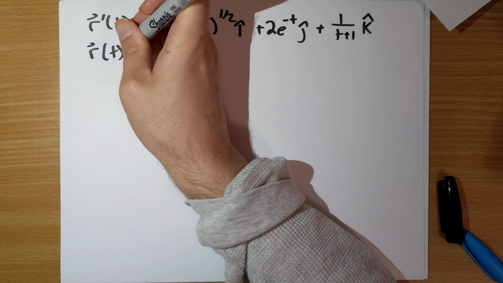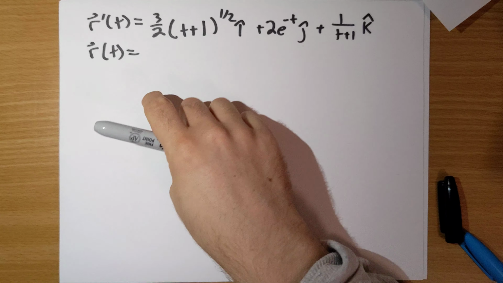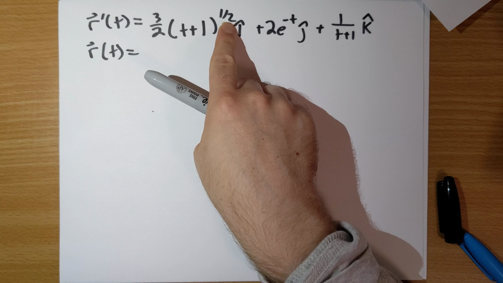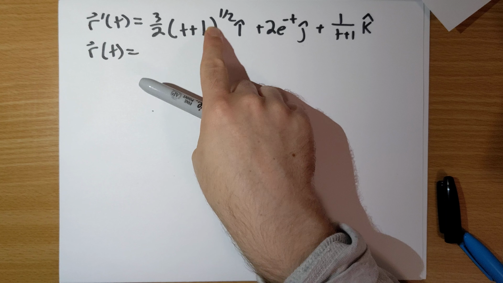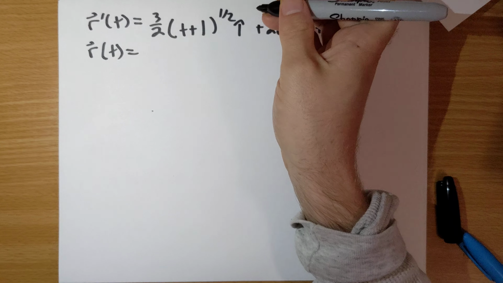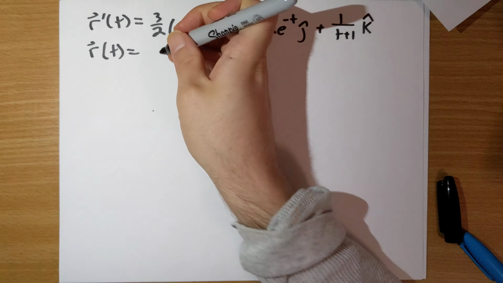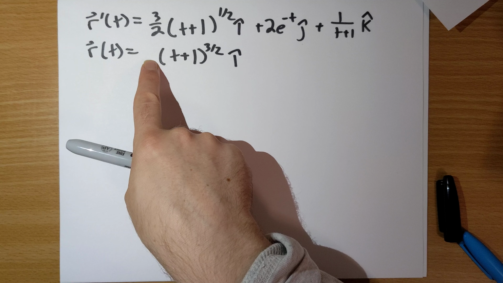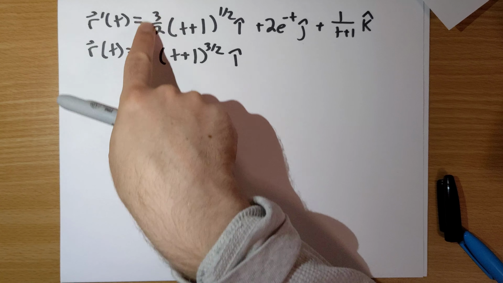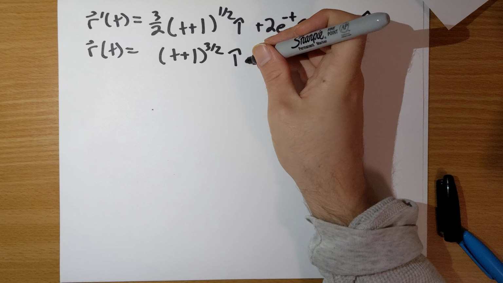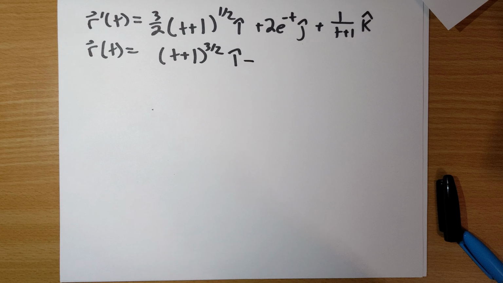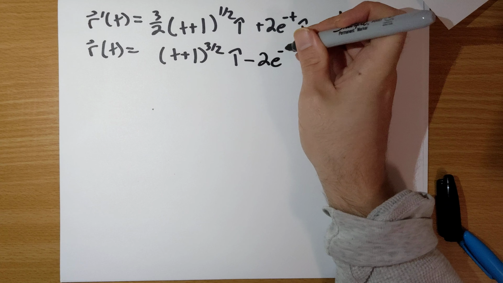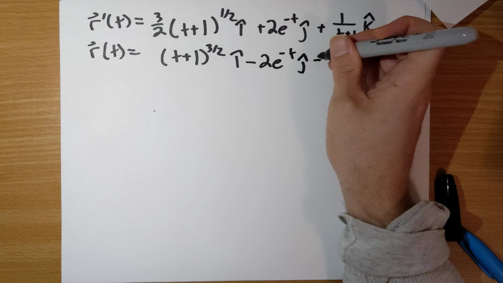So r of t is going to be, what's the antiderivative of t plus 1 to the 1/2? That's just going to be t plus 1 to the 3/2 I hat, because we'll divide by 3/2, multiply by 2/3, and that will cancel out. The antiderivative of 2e to the negative t is negative 2e to the negative t j hat.